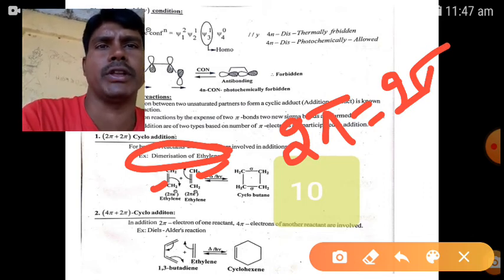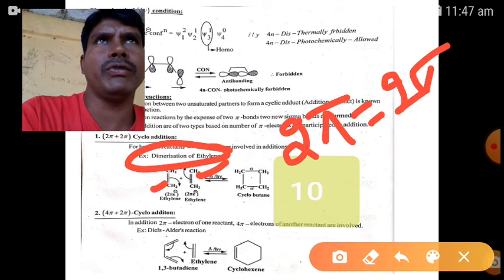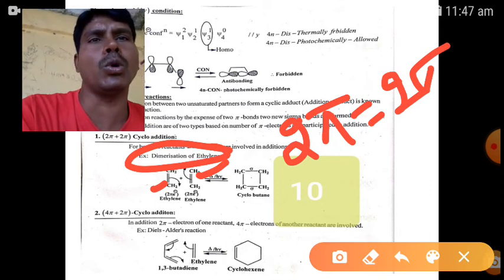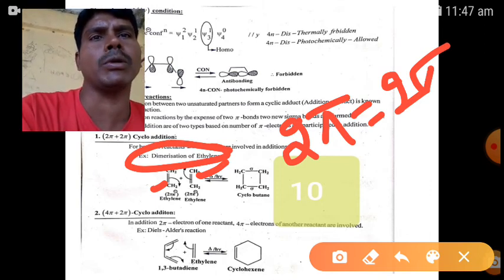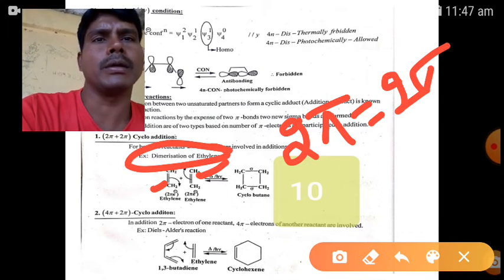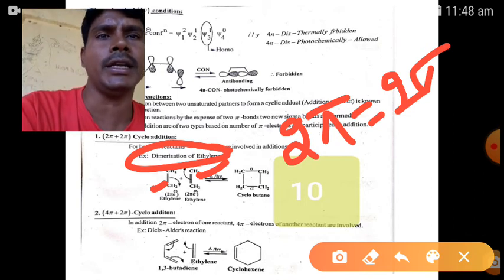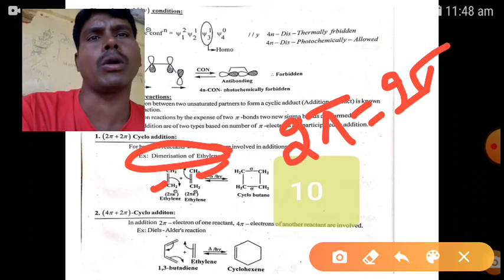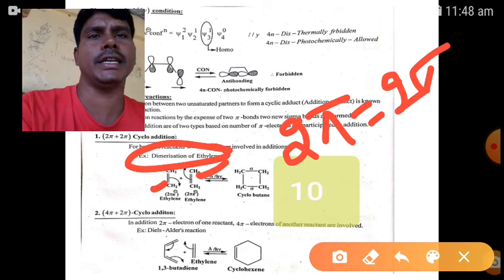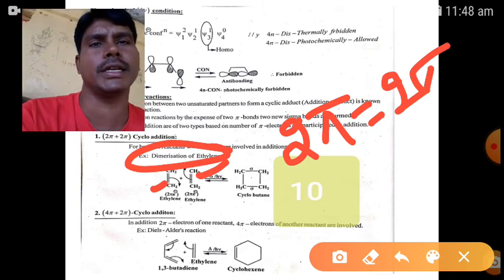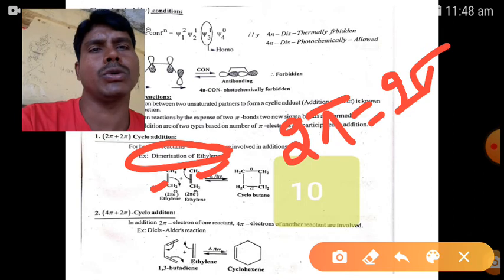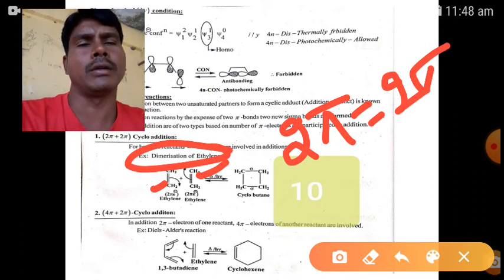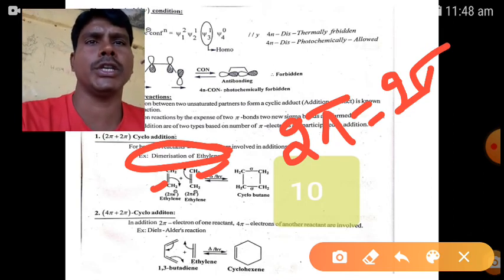That is a very, very important condition. So you can easily check bonding, anti-bonding character, allowed or not allowed character.